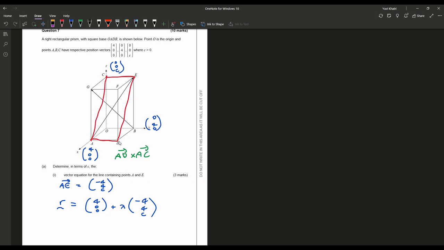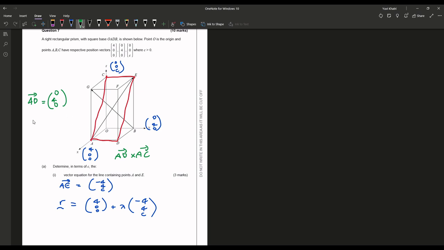To get vector AD, what did you do to get from A to D? You've gone 4 in the y direction, 0 in the x direction, and 0 in the z direction. That's vector AD.